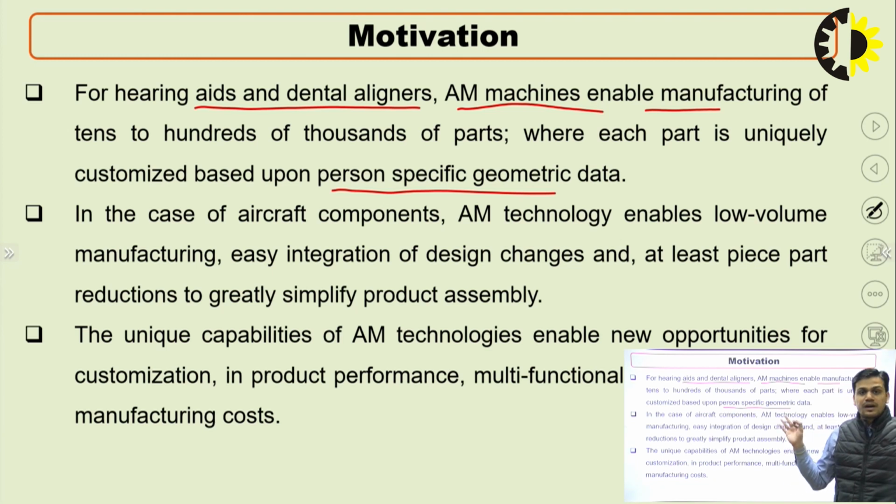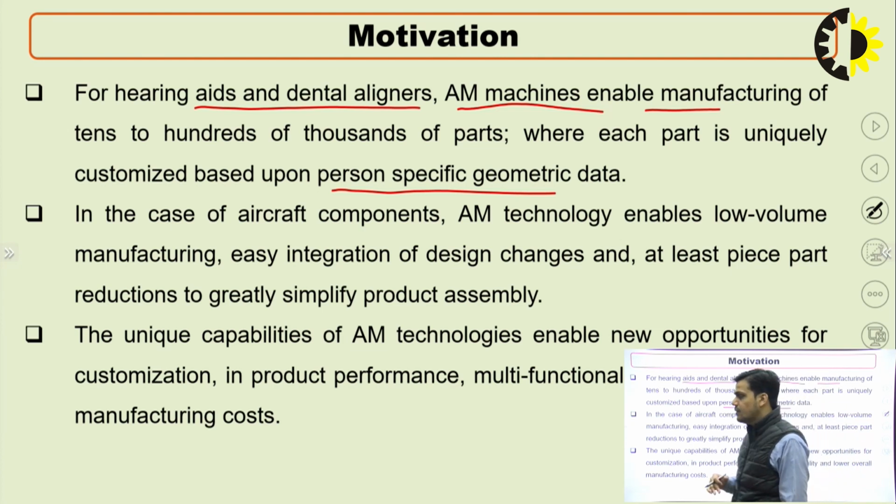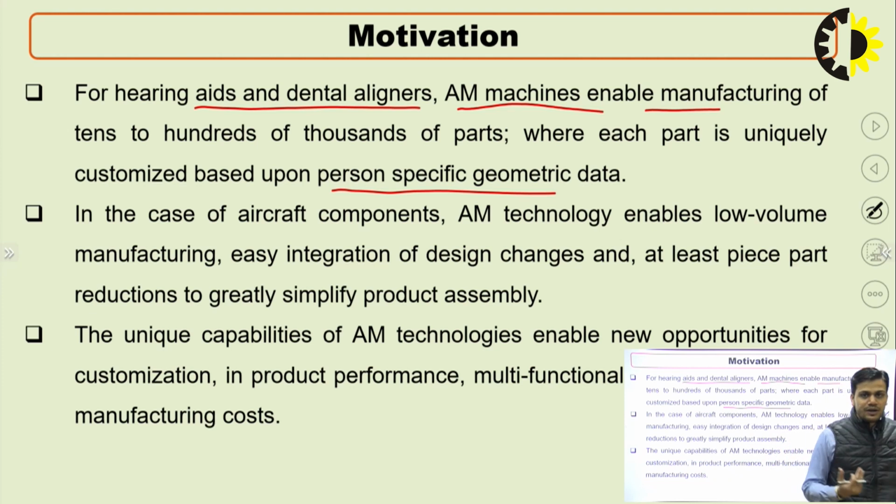If we talk about customization, the best example is in the medical field, for hearing aids and dental aligners, because we all have different shapes of body. With hearing aids, everyone has their own ear shape, so everyone requires a different kind of hearing aid.